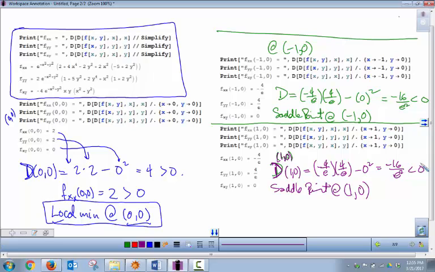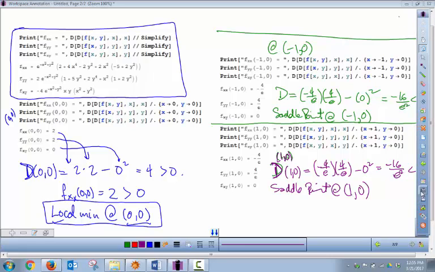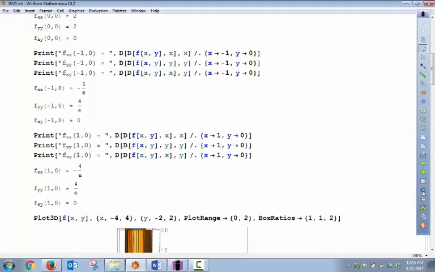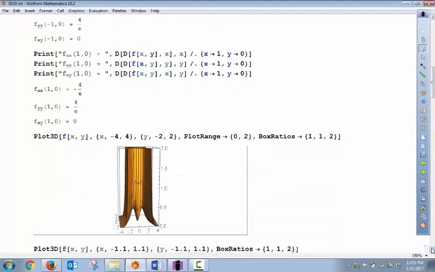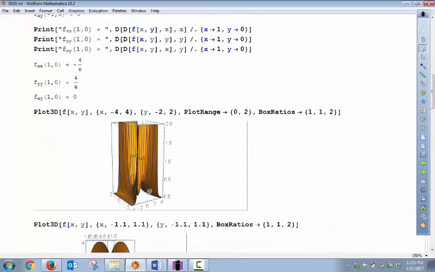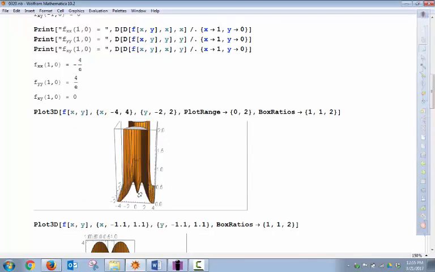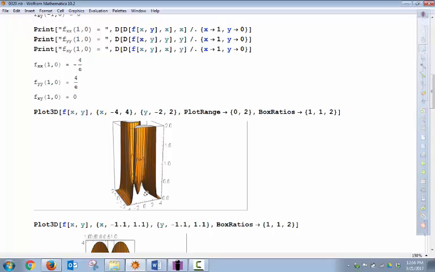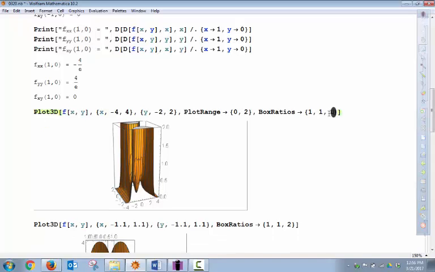All right, let's take a look at a graph of this, because we can. And here's the graph. If you look straight down, you notice it has that little divot. Oops, hold on.